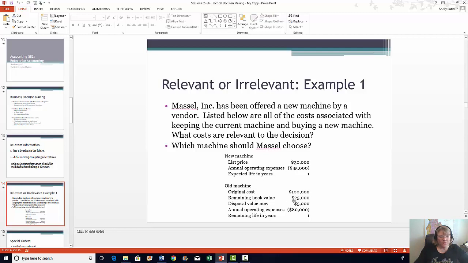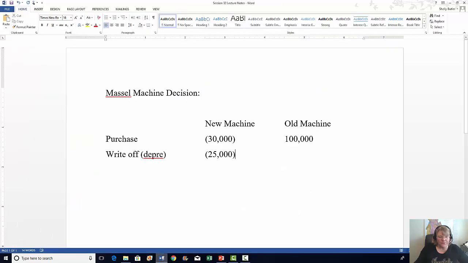The remaining book value is $25,000. So that's the write-off, the depreciation on that. And the old machine again is $25,000 as well. And to sell the old machine, we will get $5,000 for that one.